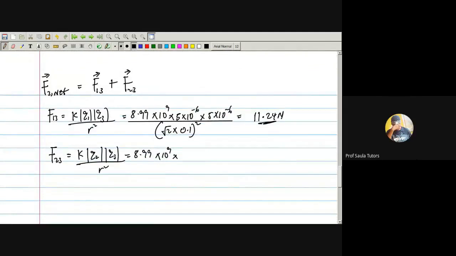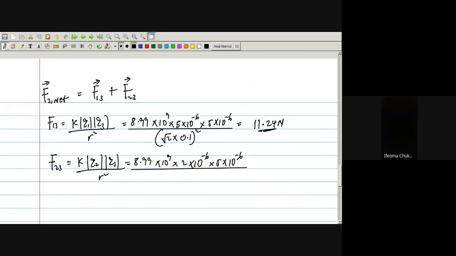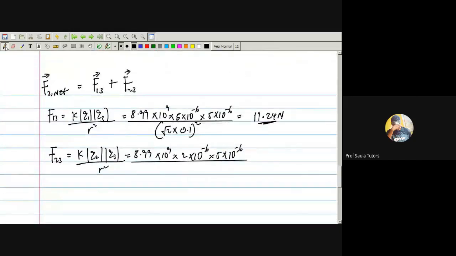This is an absolute value, so your minus 2 is going to cancel as 2, times 10 raised to power minus 6, times Q3, which is 5 times 10 raised to power minus 6. Then all over the distance between Q2 and Q3, which is a, and my a is 0.1, so I have 0.1 squared. If you do this, you are going to get 8.99 newtons.